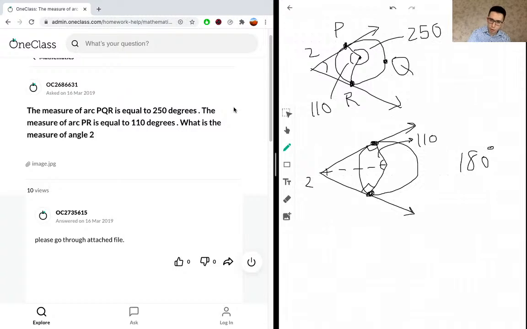So we know the first triangle has 90 degrees over here, and then we also have 90 degrees over here. The total will be 360 degrees for both triangles.